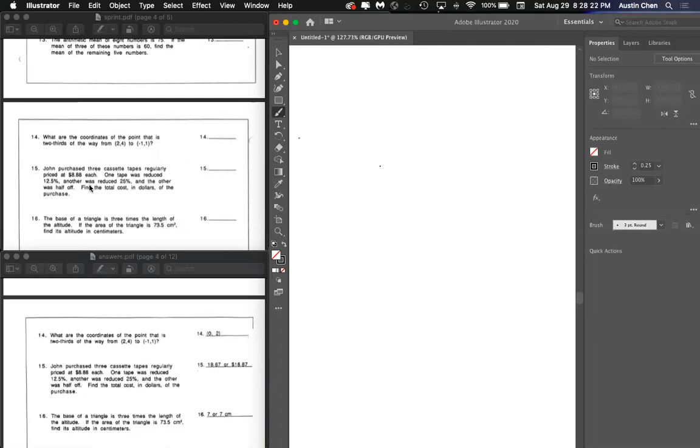Yeah. Yes. So if you took it off each individual cassette tape, you have one tape equaling 888, and if you reduce that by 12.5%, you're going to multiply that by 1 minus 0.125, right?